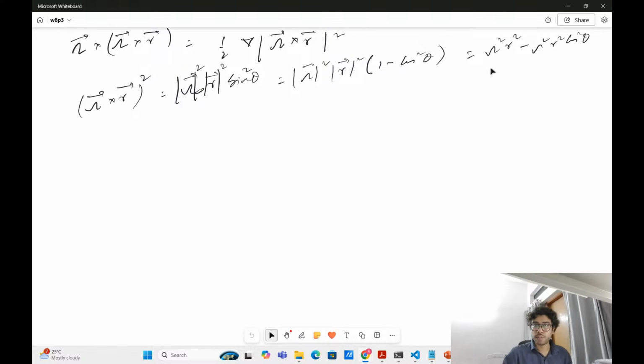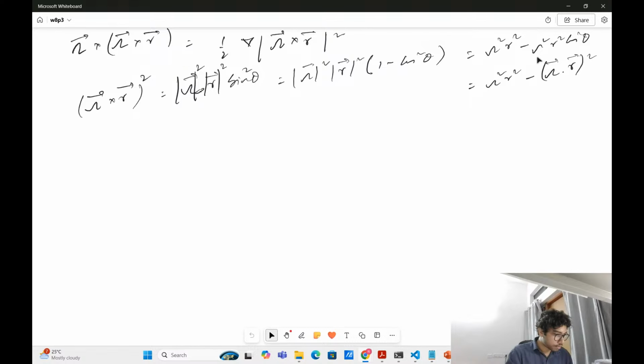Without the vector sign, I am just taking their magnitudes. And omega r cos theta is the dot product, so omega square r square cos square theta is omega dot r whole square. So we have omega square r square minus omega dot r whole square. Right? So this is one thing.